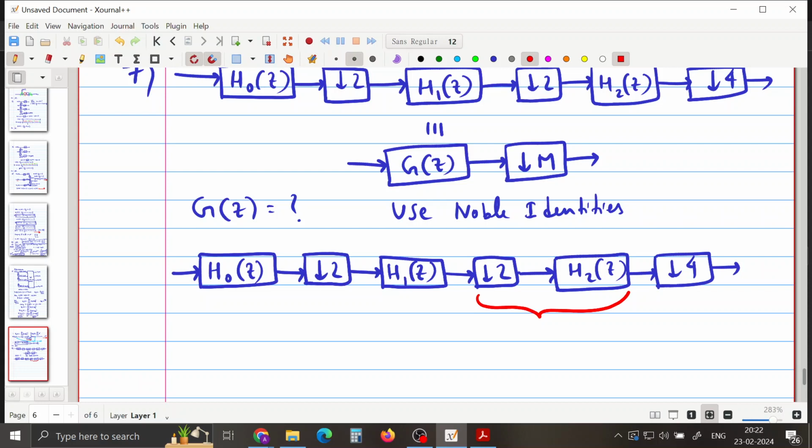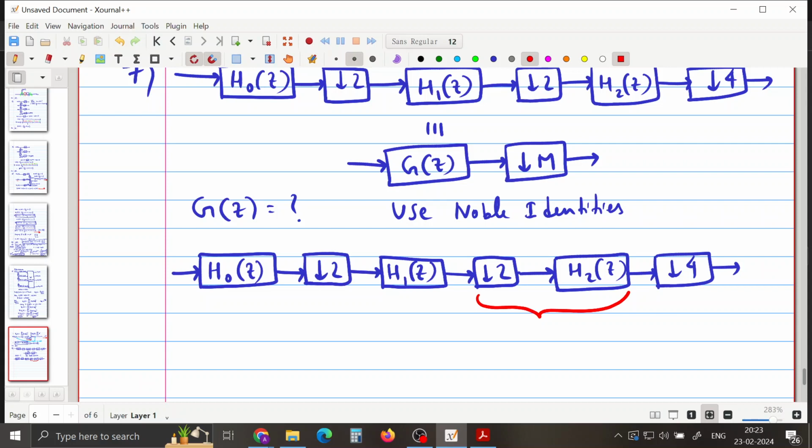Rather, if we have a filter and then do the downsampling, it's not that efficient, because you are doing all the computation and in the end you are anyway throwing away m-1 samples. Then what's the point of performing any operation on those samples which are going to be discarded, right? So that's not the efficient one.